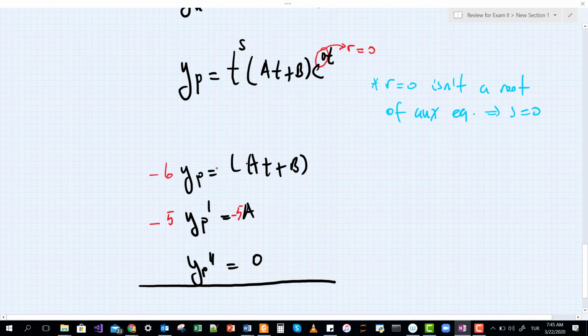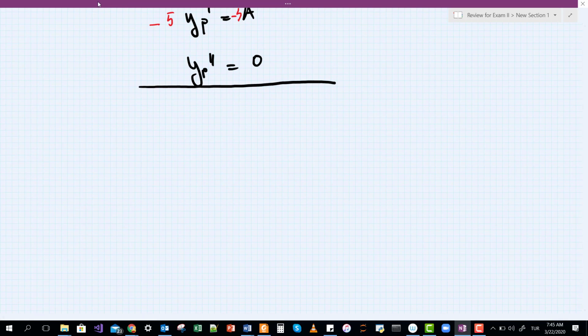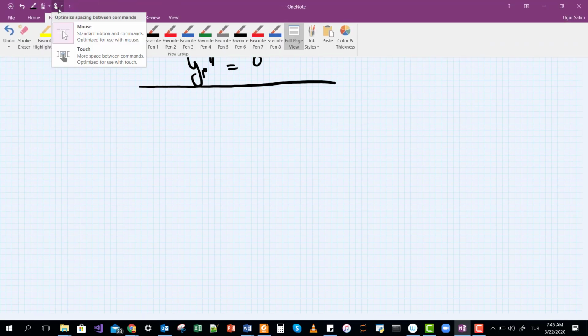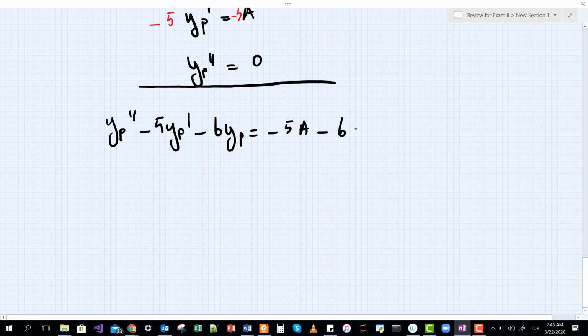And then the coefficient for the first term is -6. Now I should add them. If I add the left-hand side, I will have yp'' - 5yp' - 6yp, and on the right-hand side, what I have is -5a - 6at - 6b. It should be equal to the right side of the equation.